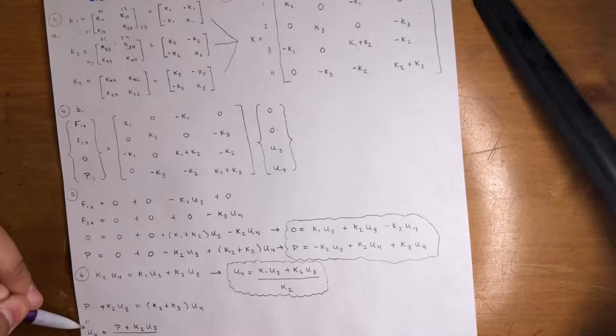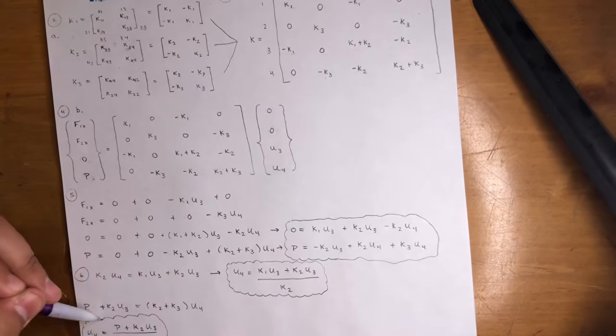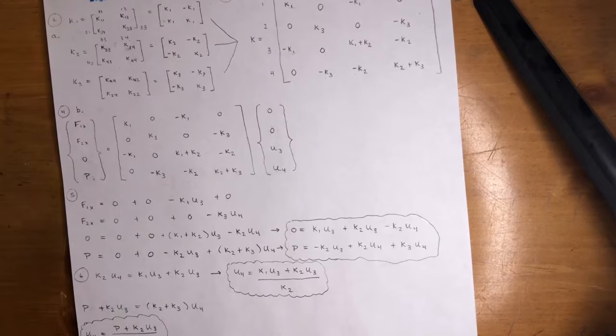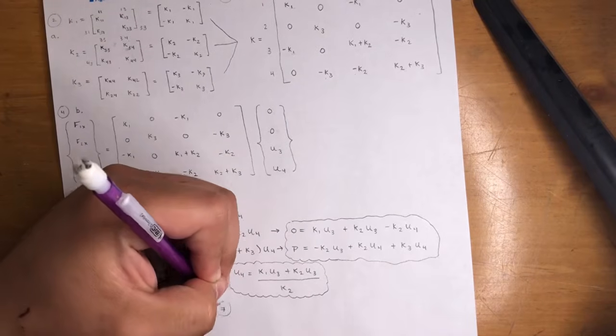Cool. So we got this U4. Now we set these two equal to each other. I don't want to rewrite these, so I'll just squeeze it in right here.